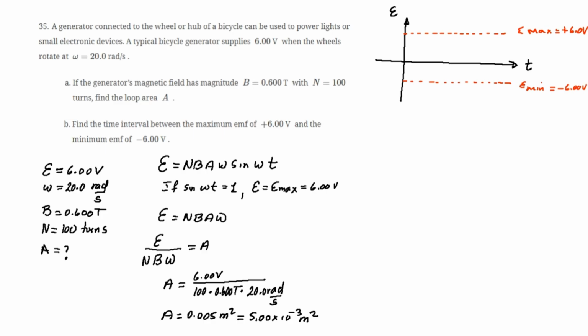And then, of course, you have the values oscillating between minus 6 and 6 volts.